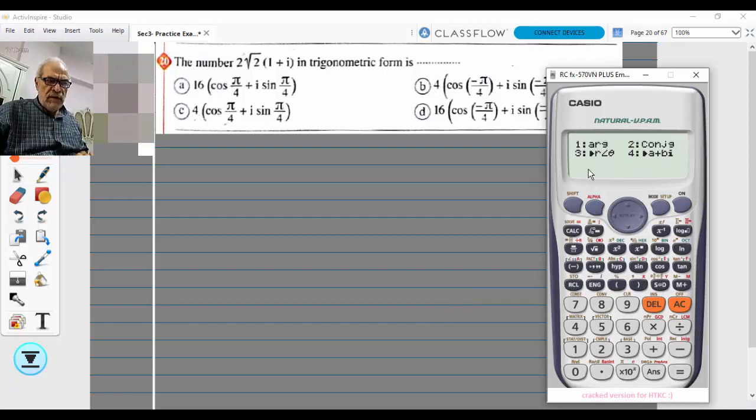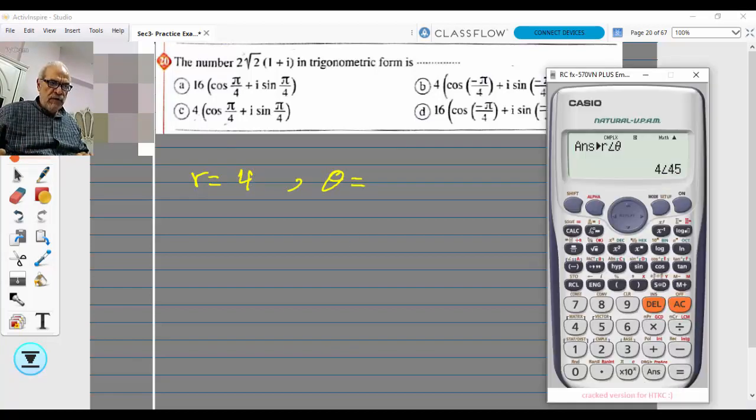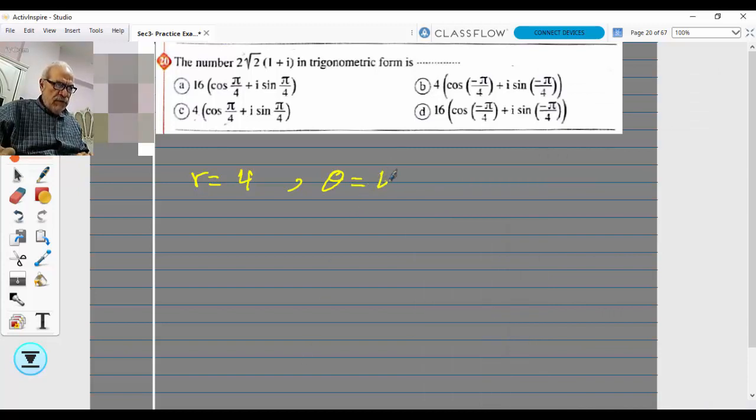We want to determine r and theta, so we press 3 equals, the radius r, the modulus r equals 4, and theta equals 45 degrees.